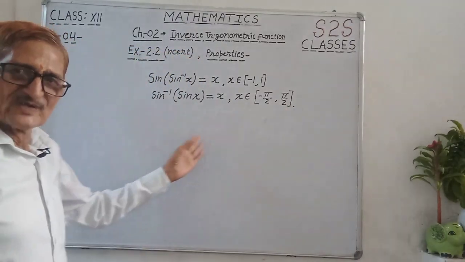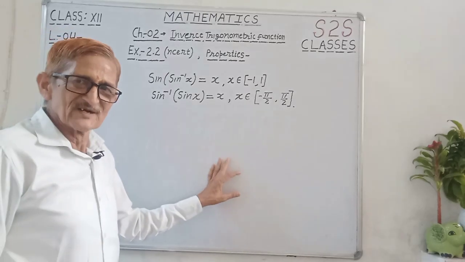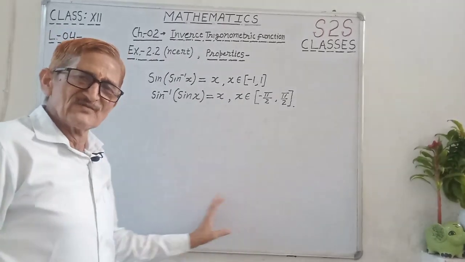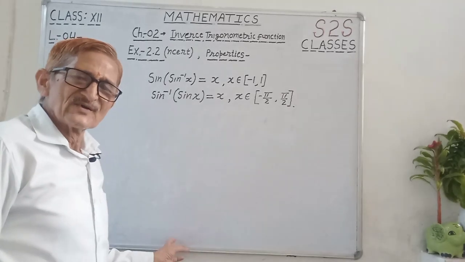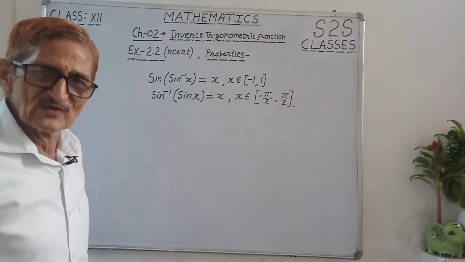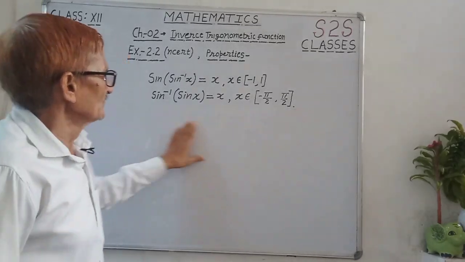Similarly, for other trigonometric functions also: cos inverse and cos, tan inverse and tan, cot inverse and cot, sec inverse and sec, and cosec inverse and cosec. The same procedure you will follow. This is the main property for the inverse function.